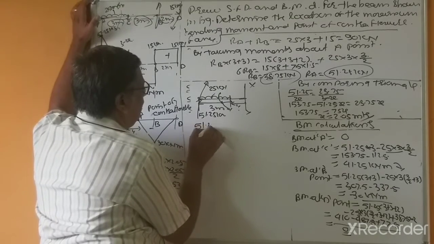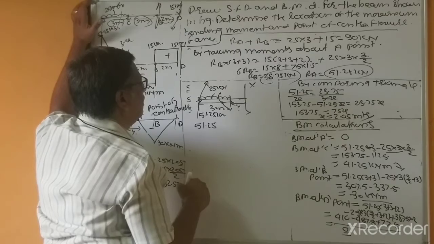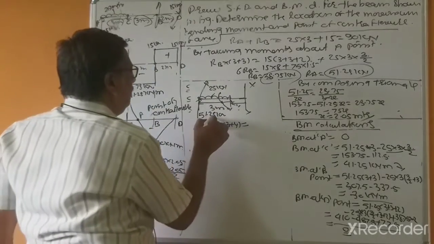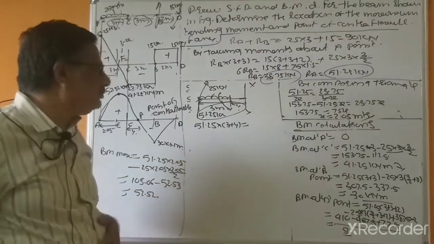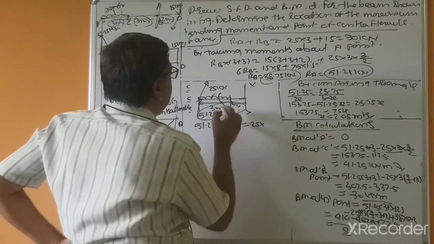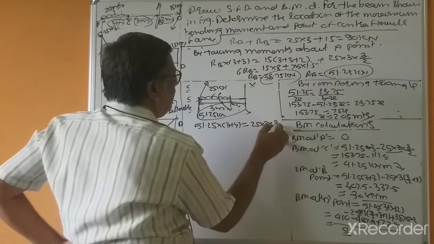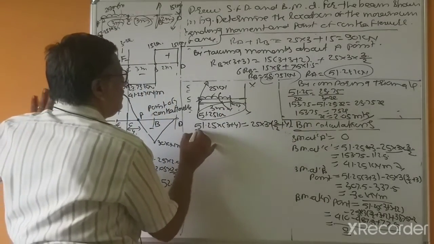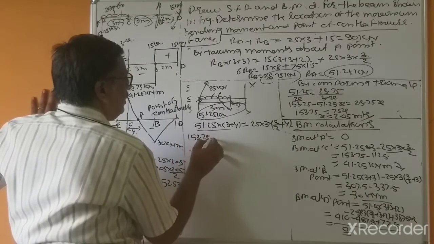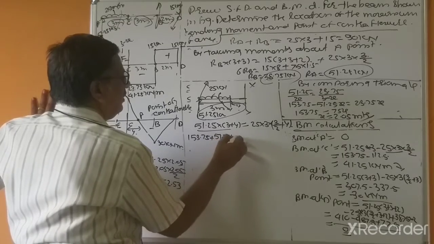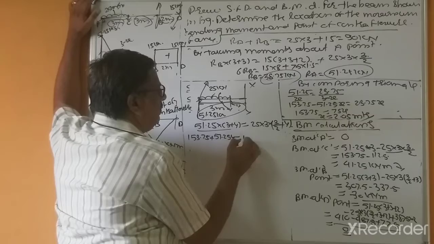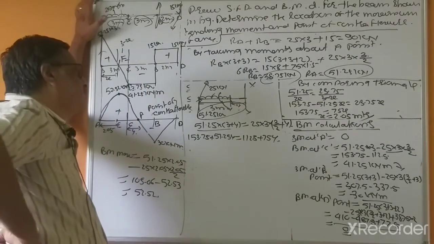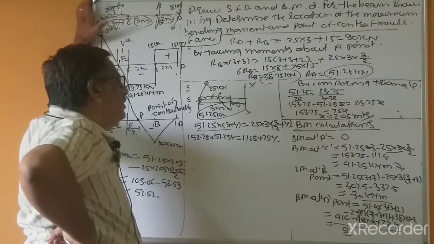You can write 51.25 kilonewton multiplied by 3 plus y equal to 25 kilonewton multiplied by 3, half of its distance plus this y, and this is again equal to 153.75 plus 51.25y equals 112.5 plus 75y. Right.